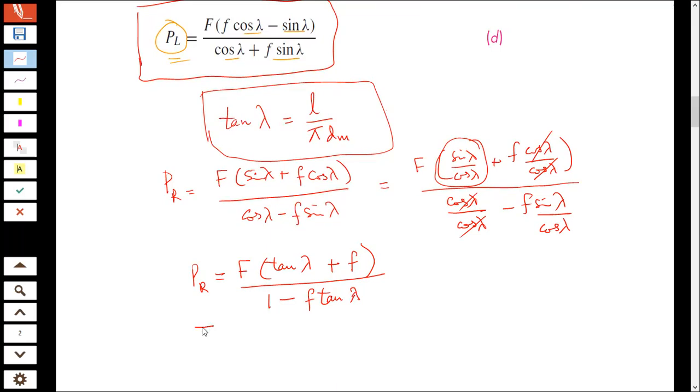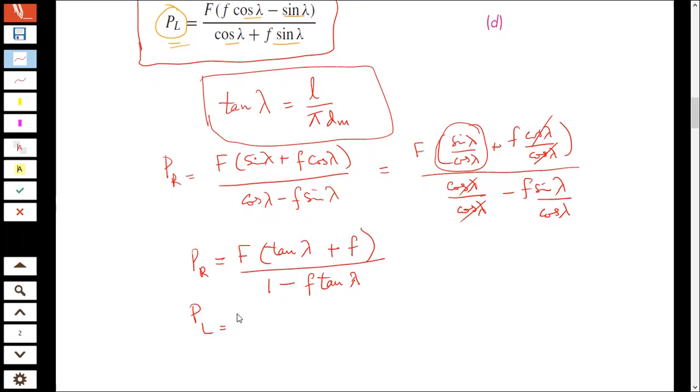I can proceed and find out the same thing with the lowering of the load, and that will give me, multiplying and dividing by cos of lambda, f cos of lambda over cos of lambda.